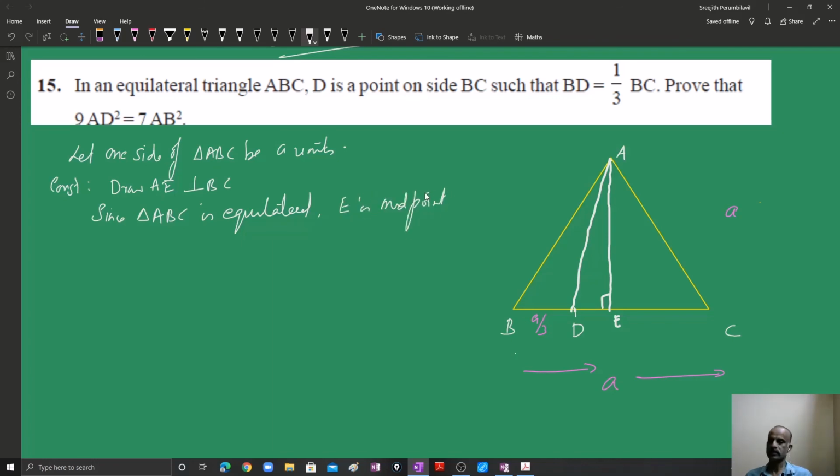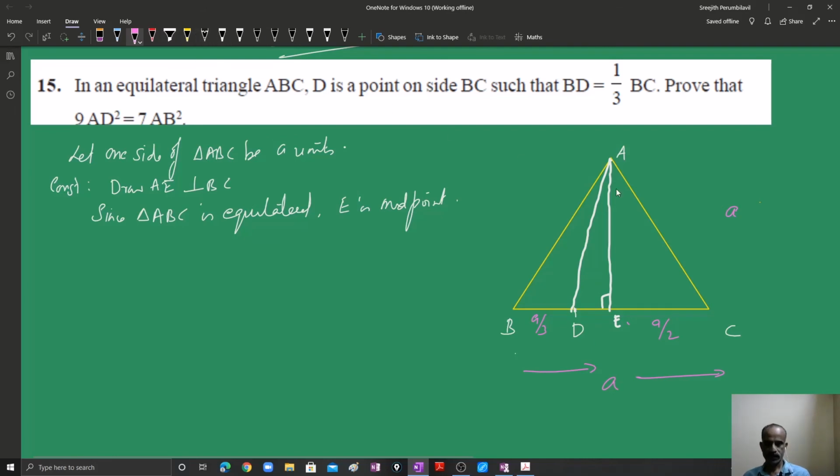Any doubt about it? Because in an equilateral or isosceles triangle like this, the median and angle bisector, everything will be one and the same. Only for equilateral and isosceles. Isosceles means this type, AB and AC are equal. Midpoint. Therefore, how much is this part? This is A by 2.